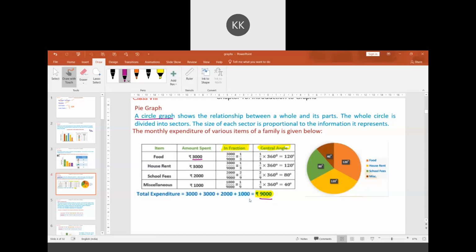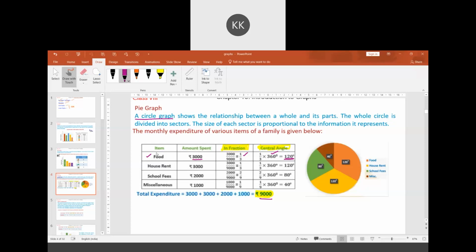If we calculate, we get the fraction 3,000 by 9,000, which is 1 upon 3. Once the fraction is obtained, this fraction is multiplied with 360 degrees, then we get the central angle with respect to that particular item. So with respect to food, the central angle is 120 degrees.